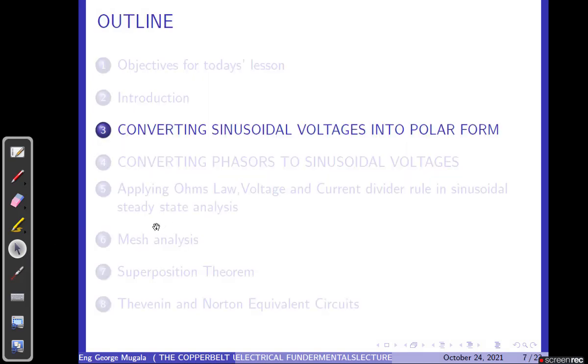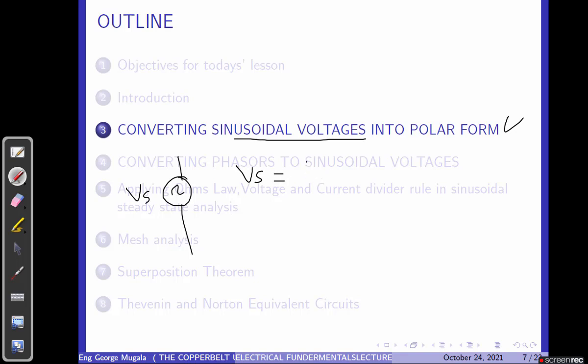Now let's make some progress. Let's look at how we convert a sinusoidal voltage into polar format, in short into its complex format. Suppose I have a supply voltage Vs. Vs is mainly given as the amplitude voltage times the sine wave, omega t, plus or minus theta.